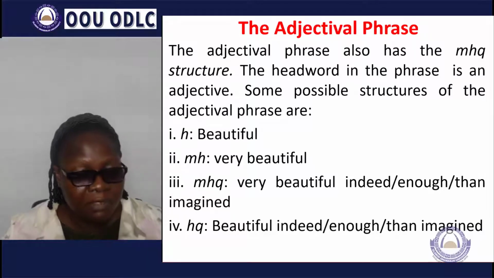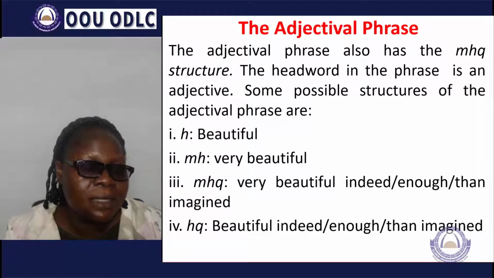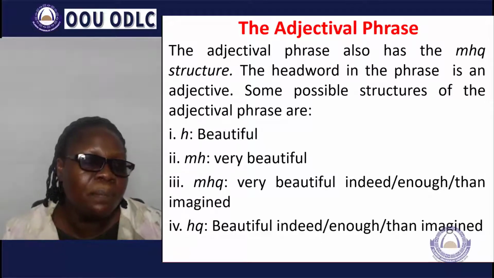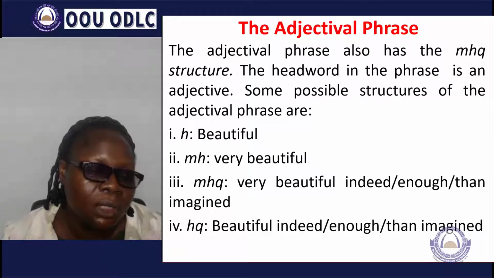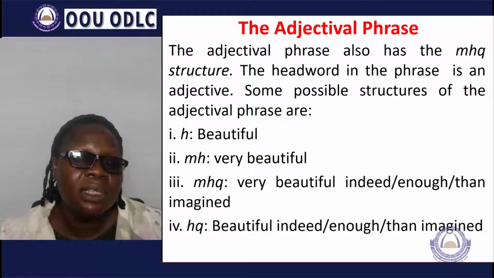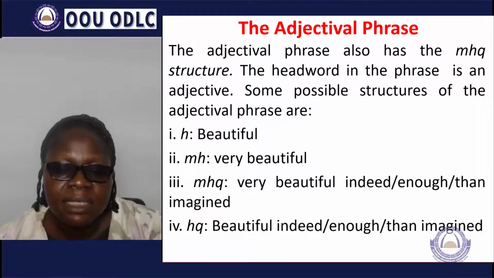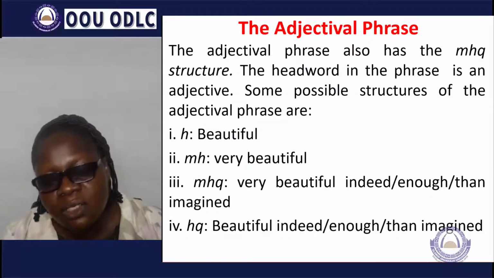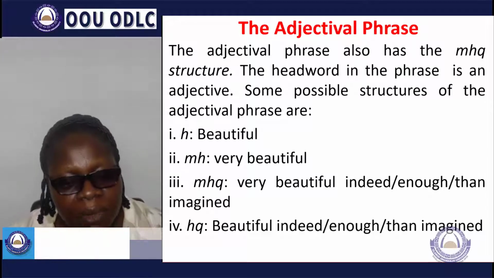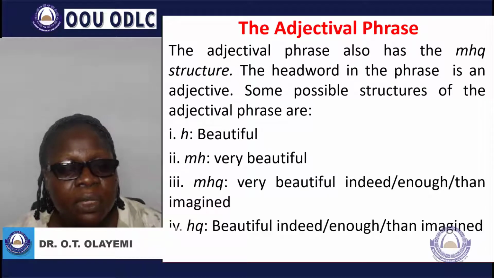I have decided to give you a sentence so that you'll be able to understand these phrases and how they operate within the sentence structure. So, she is very beautiful indeed. The adjectival phrase is very beautiful indeed. In that structure, we have the modifier, which is very, the head word, which is beautiful, and the qualifier, which is indeed.